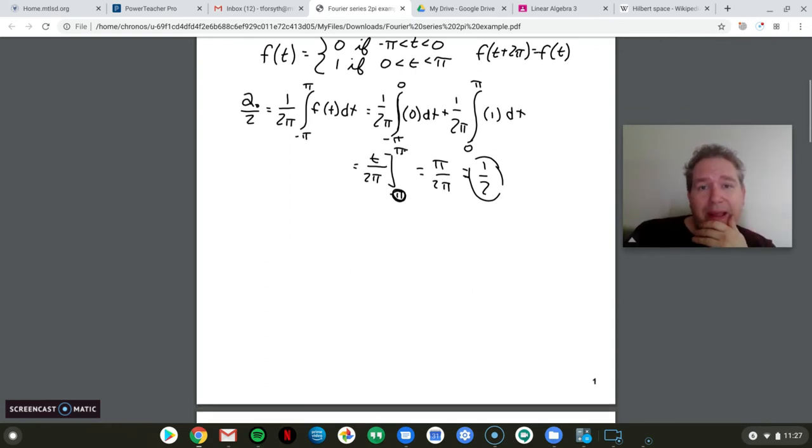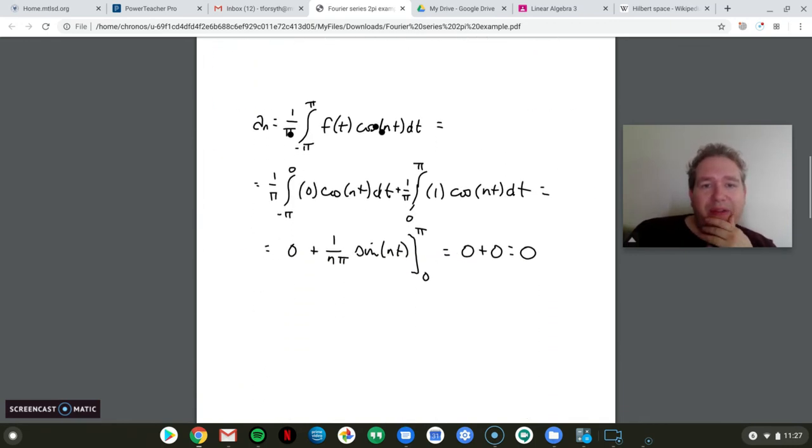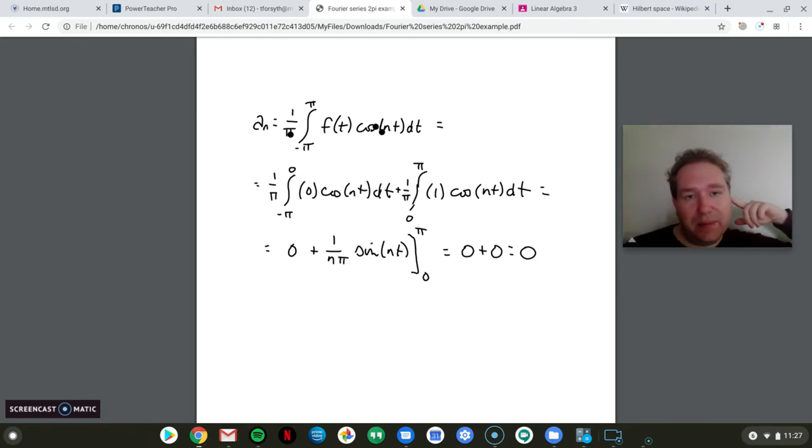All right, and then you'd have to go down and find the formula for the cosine coefficients. Once again, it's a piecewise function, so the formula says take the function times cosine nt, so it's 0 times cosine nt, plus the integral of 1 times cosine nt, and this is nice because this just comes out to be 0.